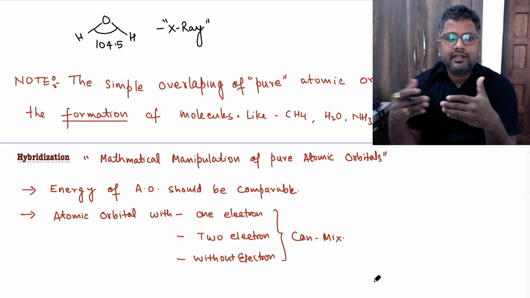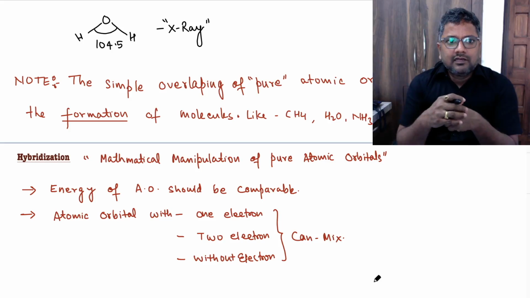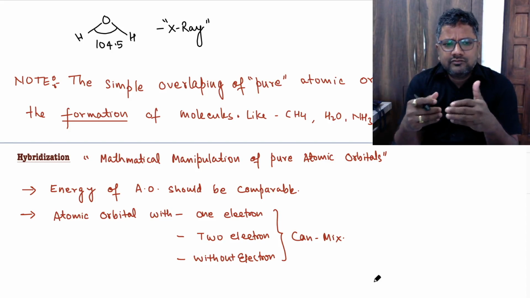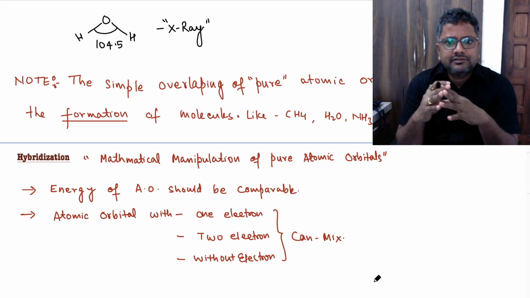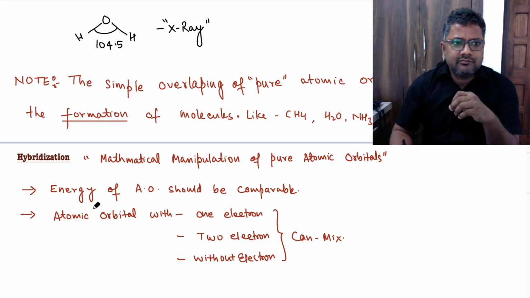So it is not a requirement that the orbital must have an electron. So these two are the primary requirements. You can say the energy requirement is a must.